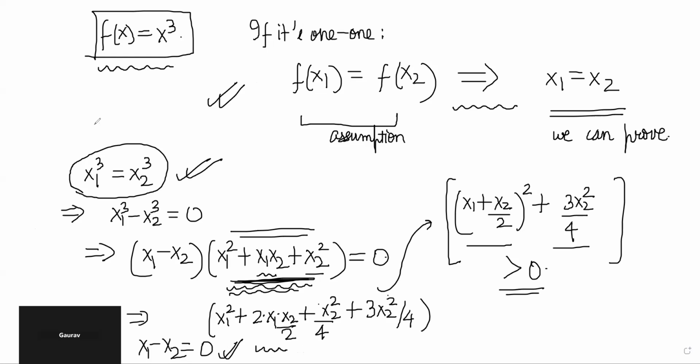For example, this is not always necessary. For example, you can say that if f of x was x power 4 plus x square, this function will not be one-one, and I can show that it will not be by trying the same condition. Let's try f of x1 is equal to f of x2, right?